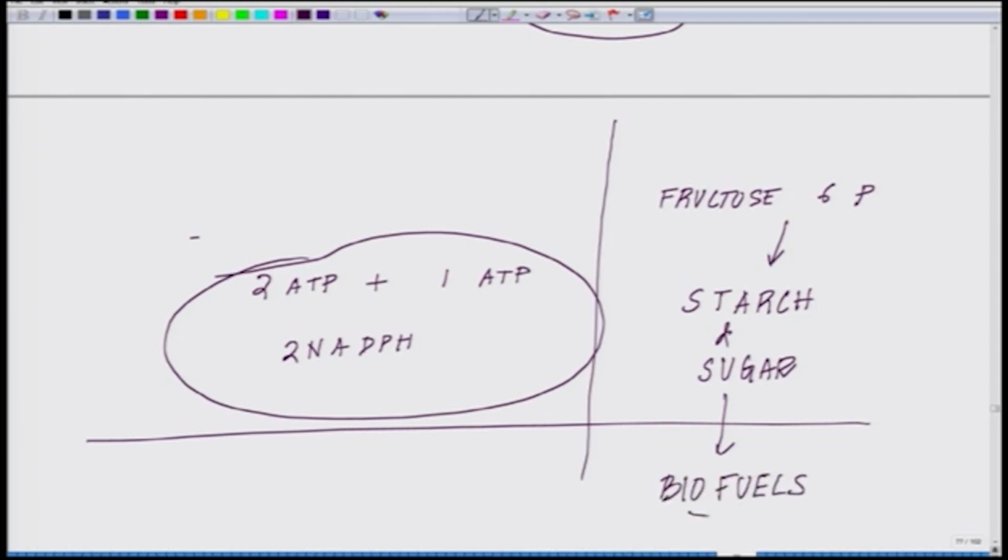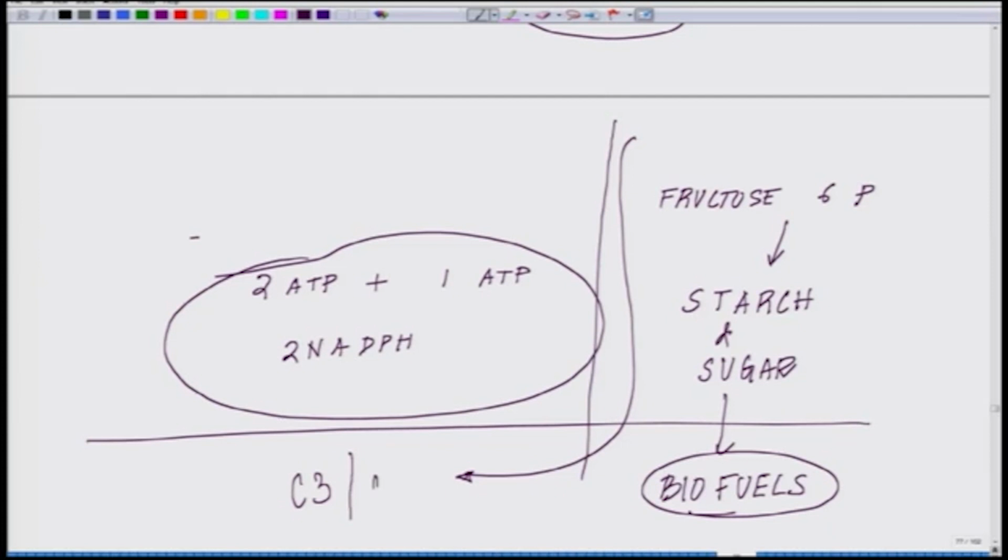And while we will be talking about this, we will also talk about C3 versus C4 plants, and what the regulatory features of this process are.